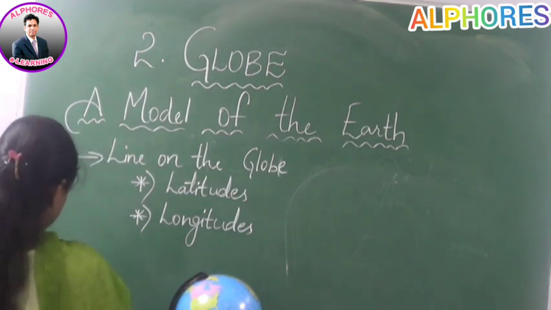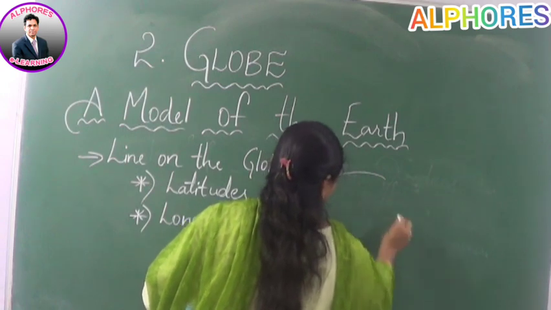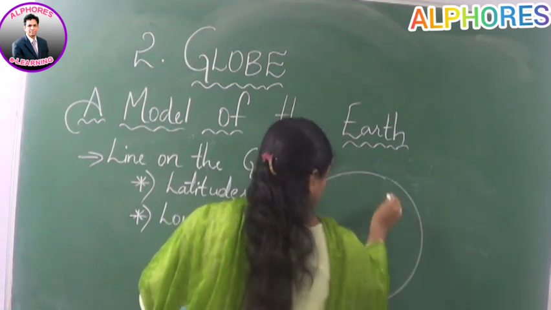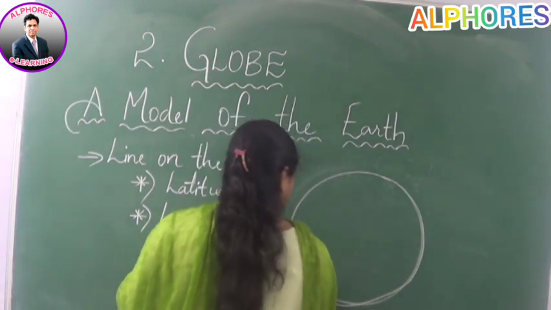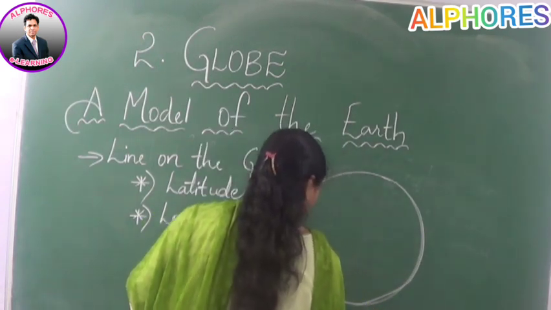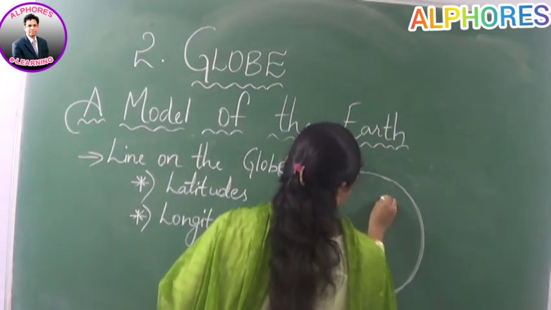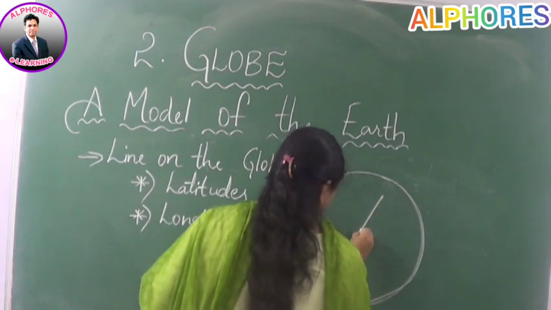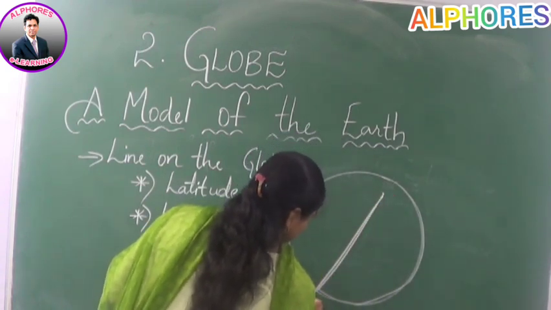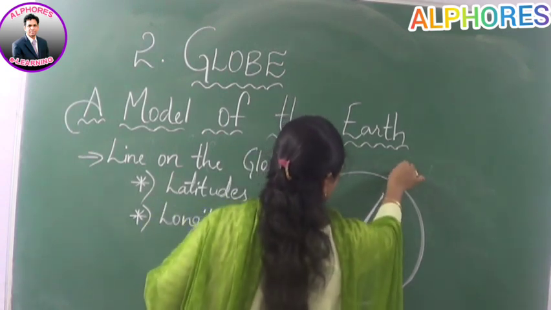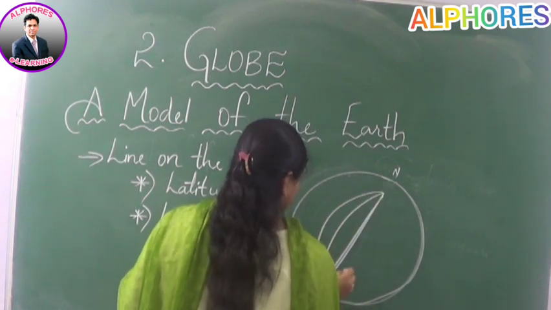Now let us discuss the longitudinal lines. We will take the position over here; every time remember, children, this will be 0 degrees. And this is south and this is north. I am just drawing.